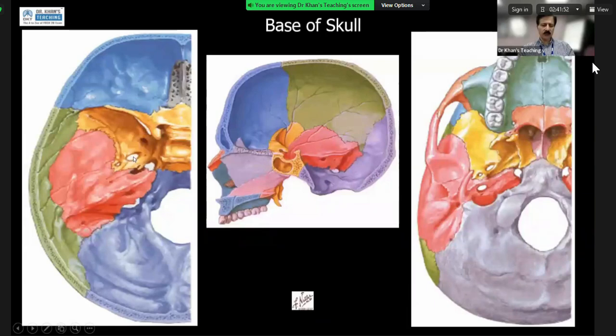It passes into the neck through this. This is foramen spinosum, and foramen spinosum is from where the middle meningeal artery passes.